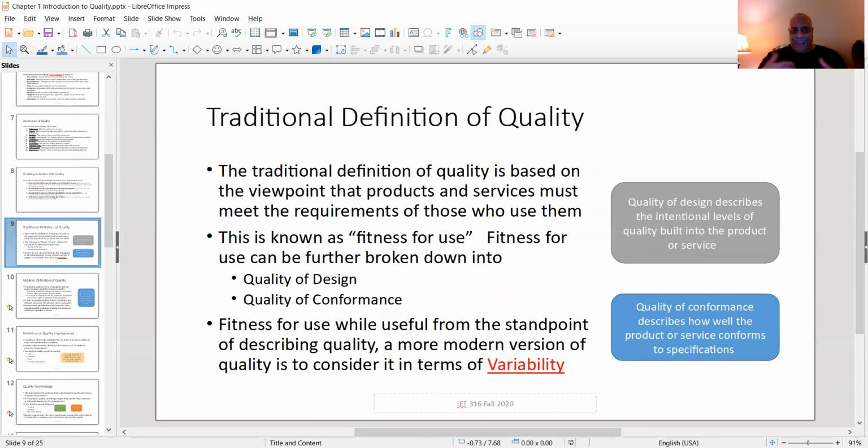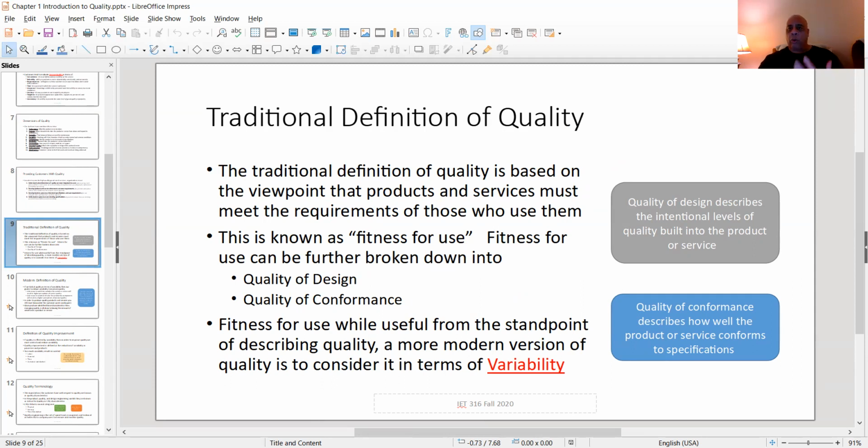Now, again, we get into the traditional definition of quality, and that is based on the viewpoint that products and services must meet the requirements of those who use them. This is known as fitness for use. Fitness for use can be broken down into two categories: quality of design and quality of conformance.